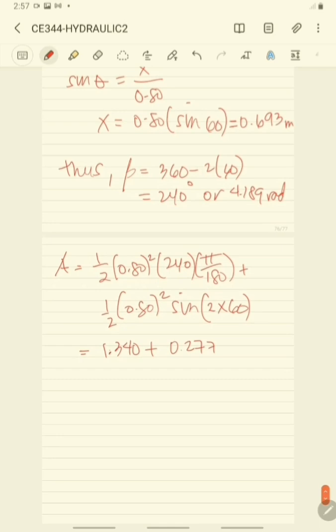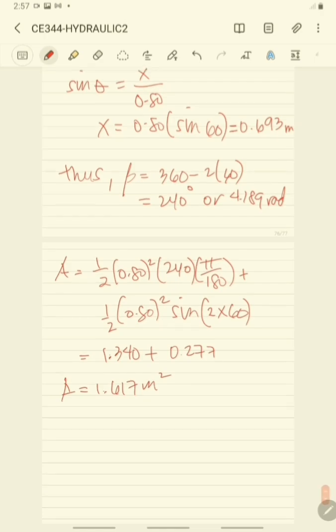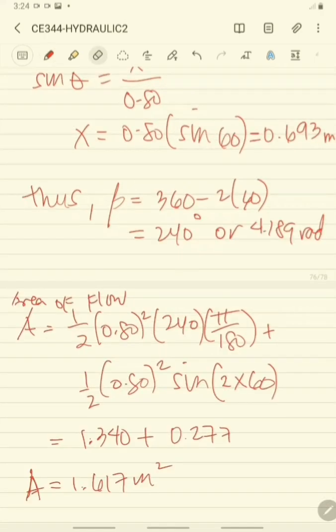Adding 1.34 plus 0.277 gives 1.617 square meters. This is our area of flow.